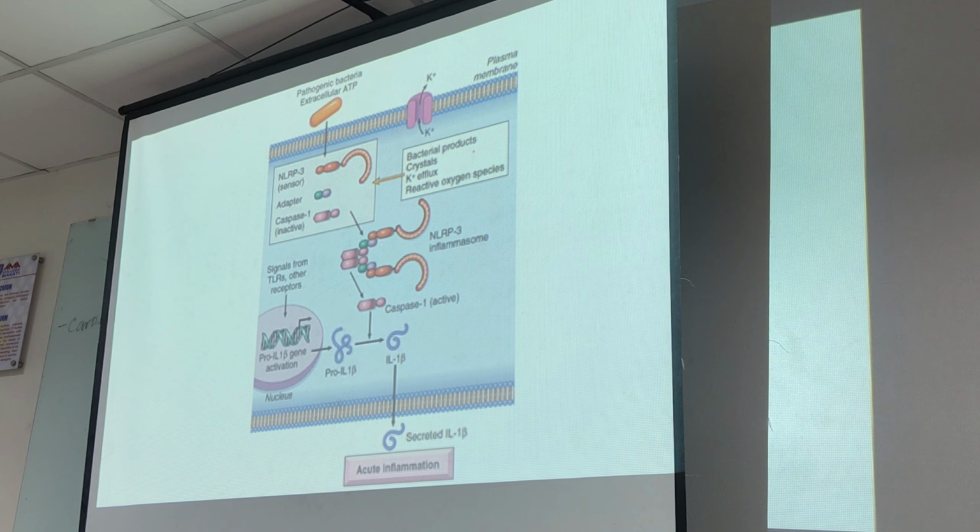For example, the pathogenic bacteria here will enter the cell by way of several receptors, and the different processes happen inside. Let's say this immune cell will produce an interleukin called IL-1 beta, a cytokine that apparently starts the acute inflammatory reaction.